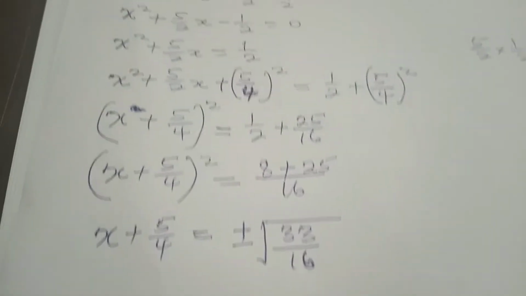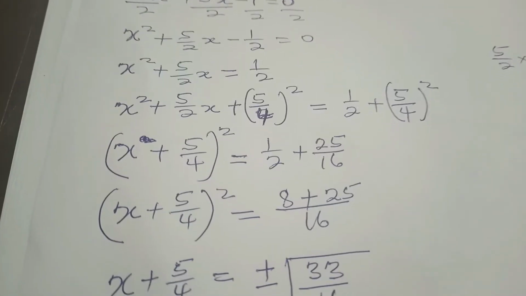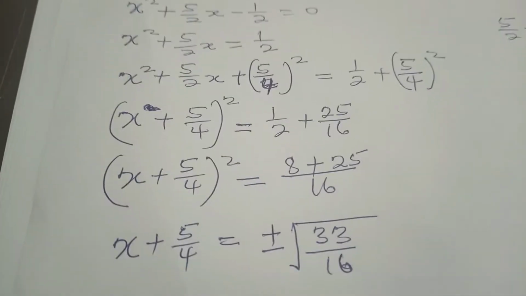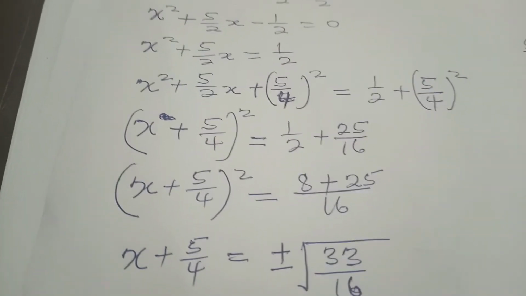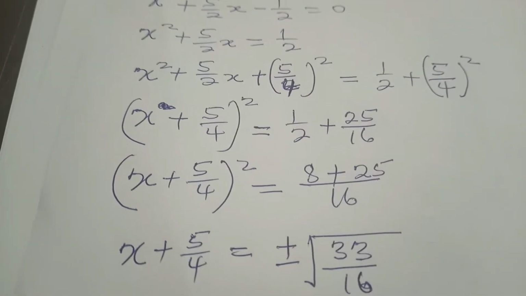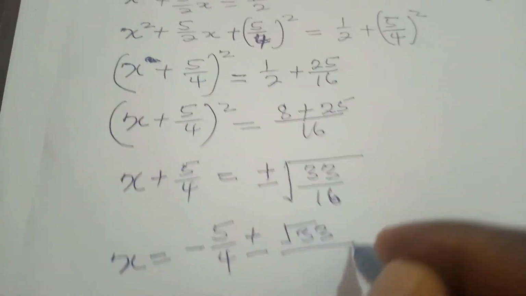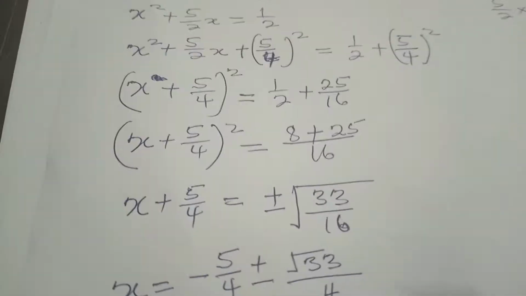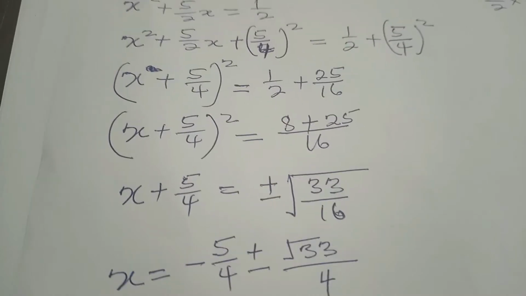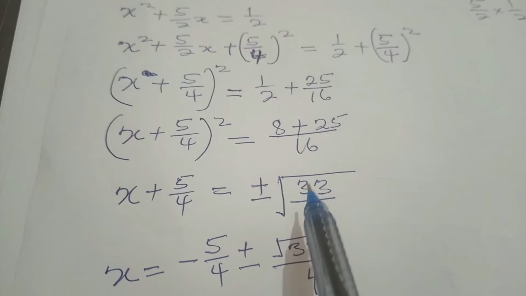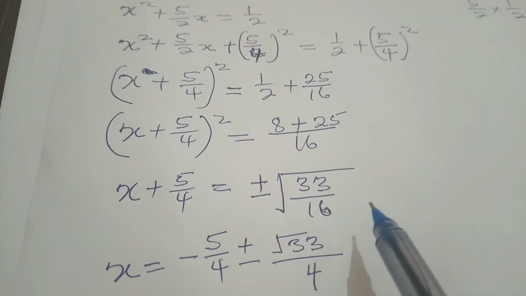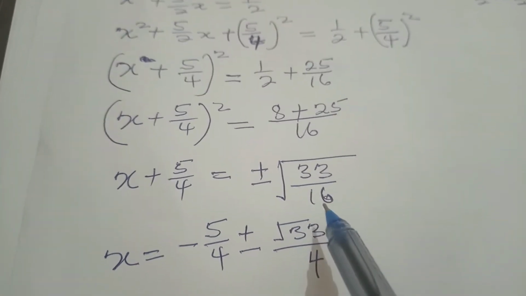Now we need to make x the subject. So x becomes, this one will be moved here, negative 5 over 4 plus or minus square root of 33 over 4, because by the laws of surds, the square root of a fraction is the square root of the numerator over the square root of the denominator, and the denominator in this case is a perfect square.